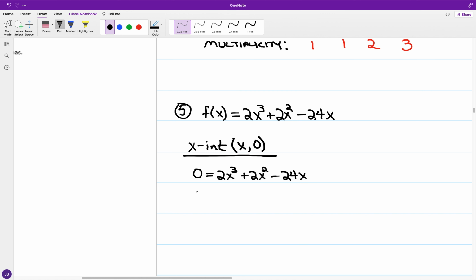And here we have a factorable trinomial. For the greatest common factor, you've got even numbers here, and also we have present the letter x. So factoring out 2x, 2x into the first term becomes x squared, and next we have plus x. And 2x into negative 24x is going to be negative 12.